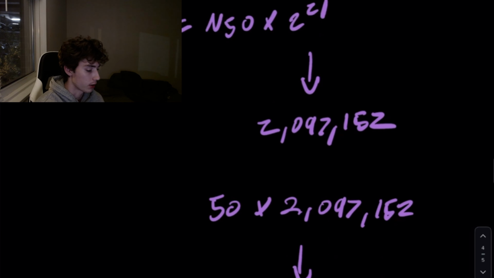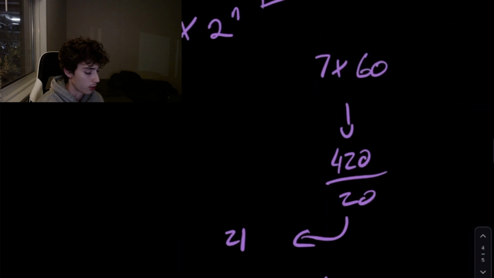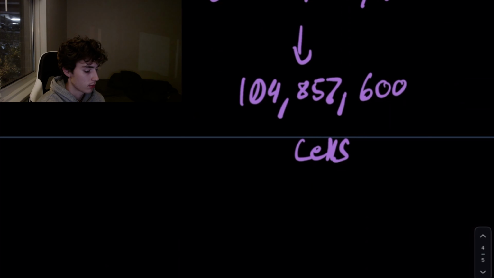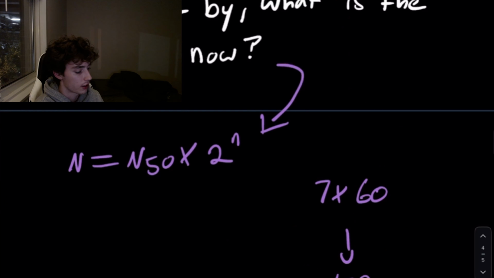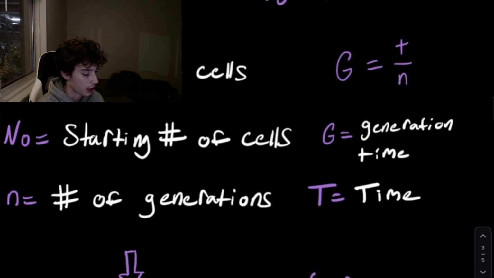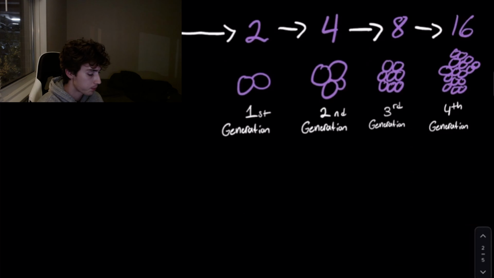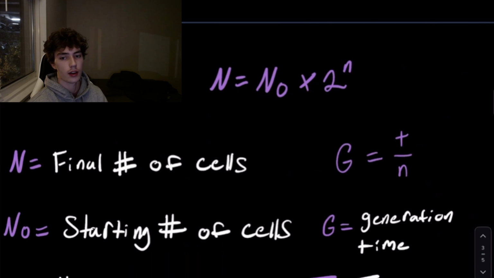In 7 hours, if the generation time is 20 minutes and we start with a population of 50, the bacteria population has grown to 104,857,600 cells. So that is the formula to calculate the final population number if we already know the generation time. And yeah, I hope I made everything pretty simple.